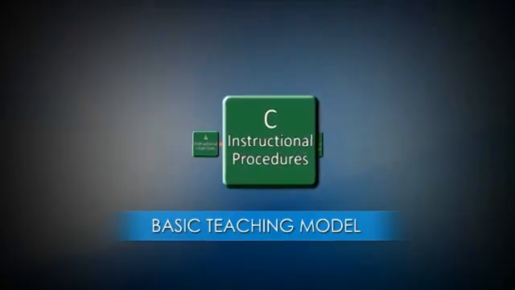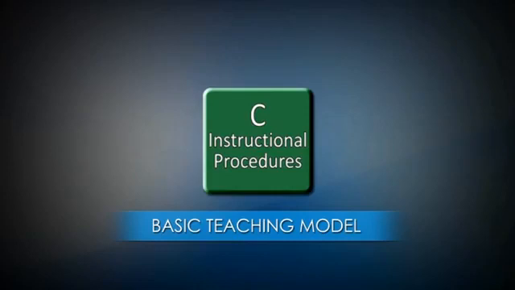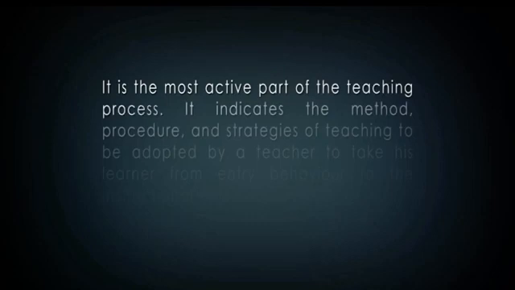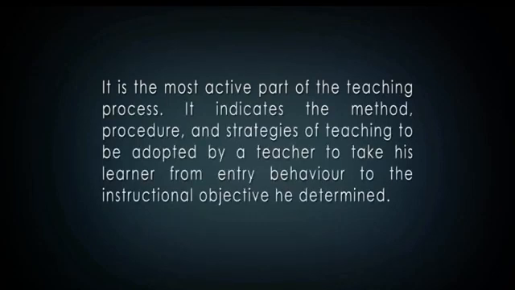Now, let us come to box C, which deals with instructional procedure. It is the most active part of the teaching process. It indicates the method, procedure, and strategies of teaching to be adopted by a teacher to take his learner from entry behavior to the instructional objective he determined.